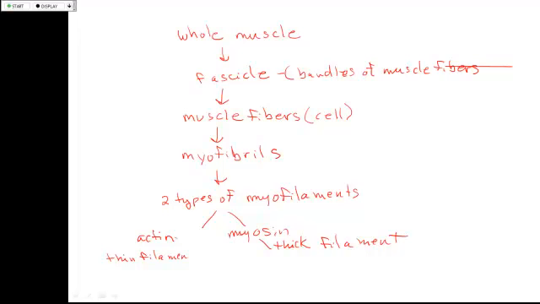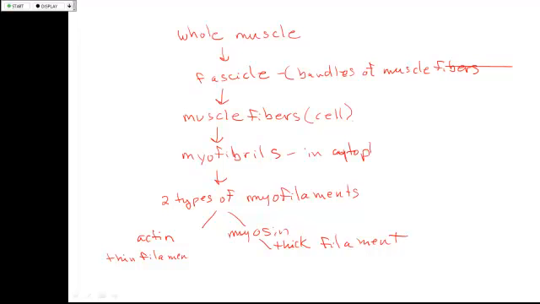If you look into the cytoplasm, and maybe I should write that next to myofibrils, maybe it will help you to know where we are if I put in cytoplasm of the fiber.